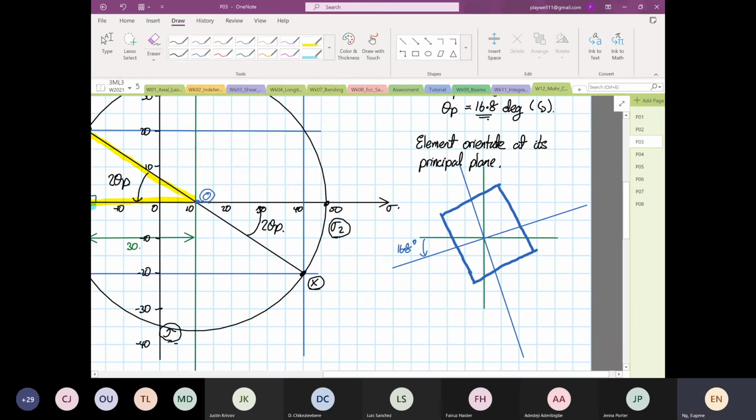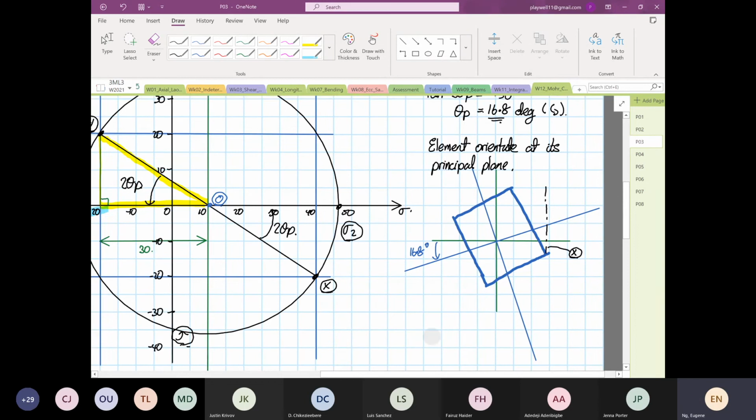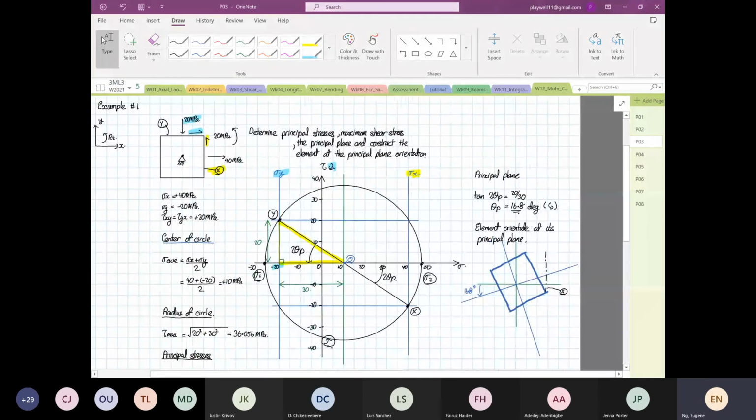With that, I'm going to put in an axis, a line down here. This line is our X line, yes or no? Why is it our X line? If I zoom out, this line over here and this line over here are parallel, so it's our X line.